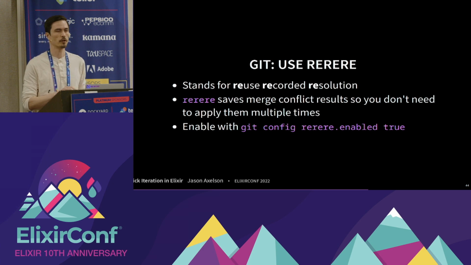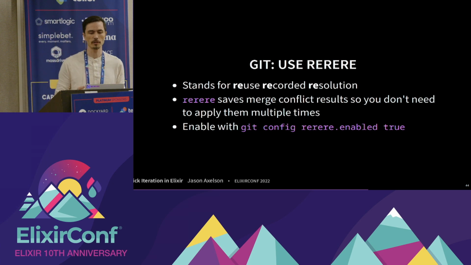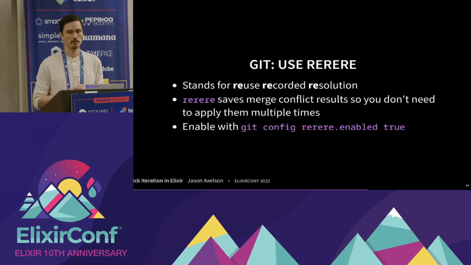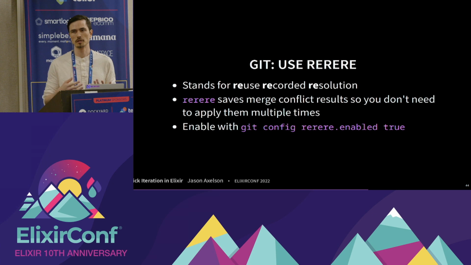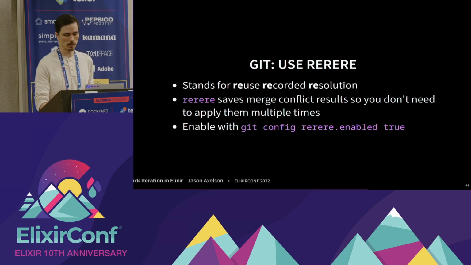Before you can do that, you have to wait for them to be available, so you do a git rebase --abort, and then when you get back to them, you do git rebase again, and you're like, let's see, where was I? And then you have to go through those first 2 commits and fix those merge conflicts again, even though you already did it. So enabling rerere will tell Git to save the conflict resolutions that you told it, so you don't have to keep doing the same thing multiple times.